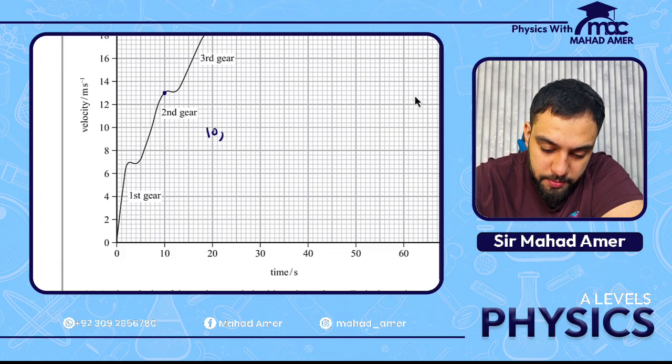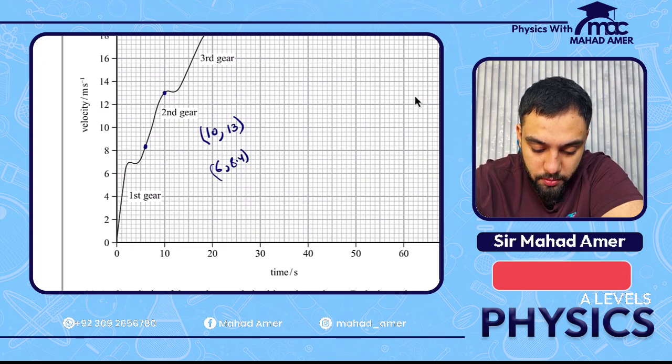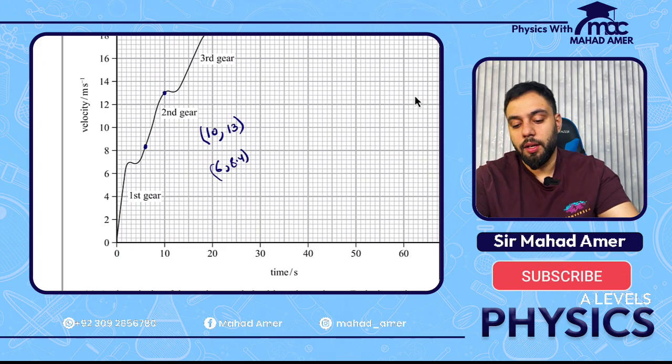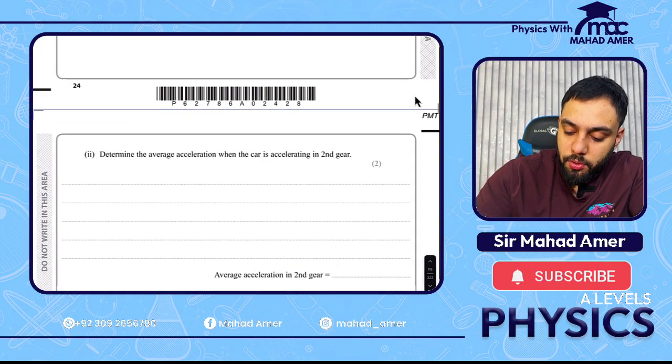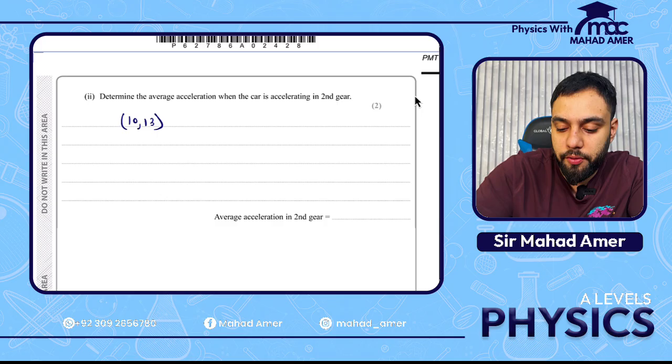This is 10 and 13, and this is 6 and 8.4. So 10, 13, 6 and 8.4.